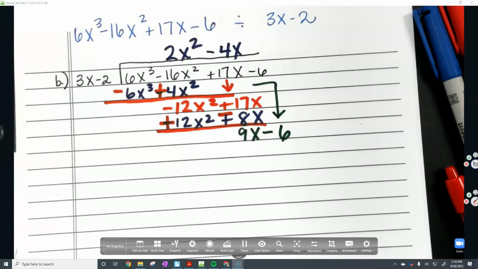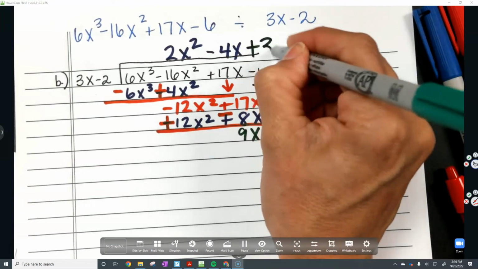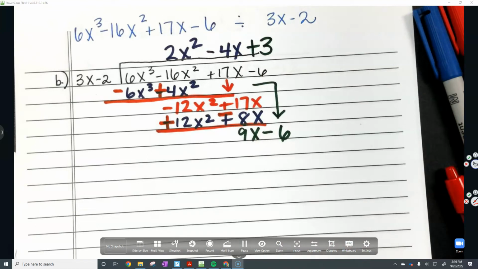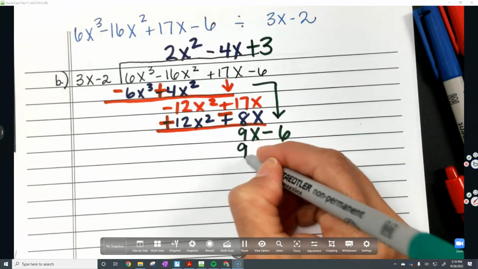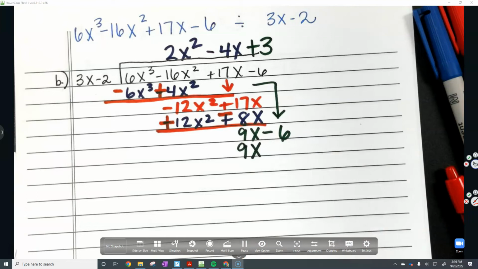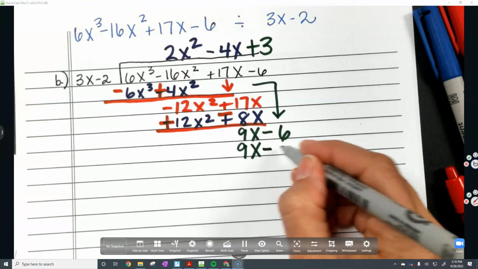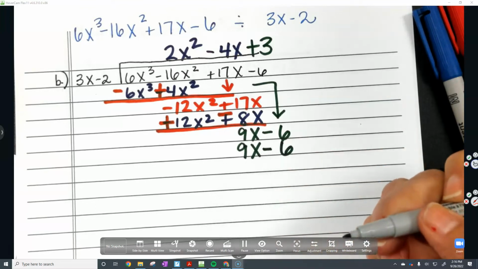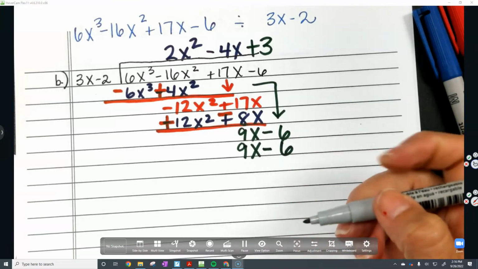Y'all, what's the last thing I'm going to write up there at the top? Yes, plus 3. So 3 times 3x is 9x. And 3 times a negative 2 is going to make me so happy because it's all going to cancel out.